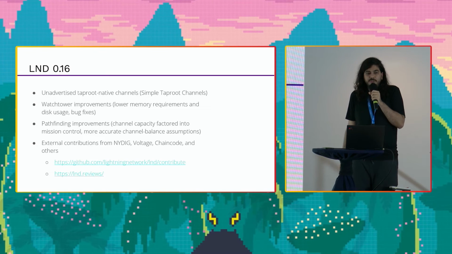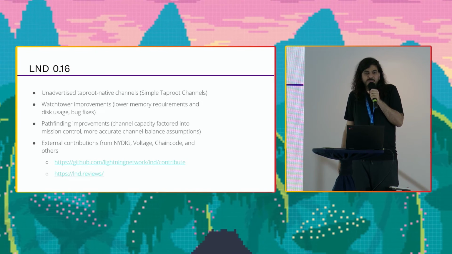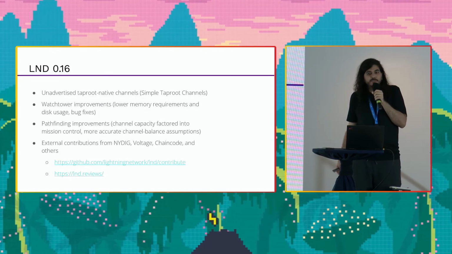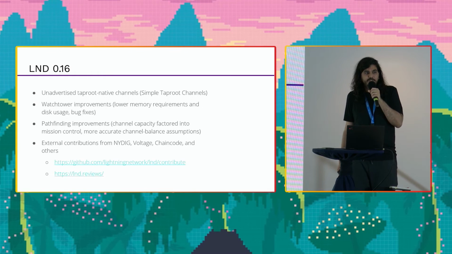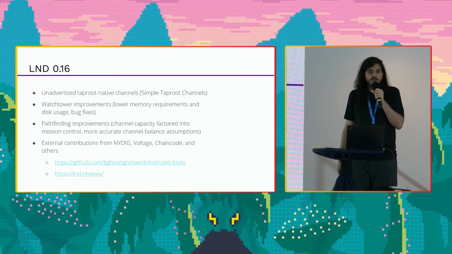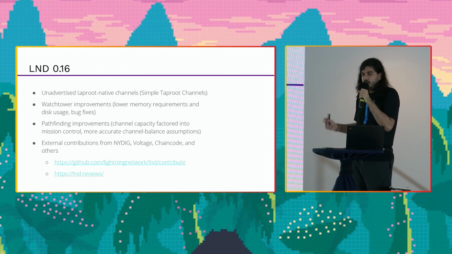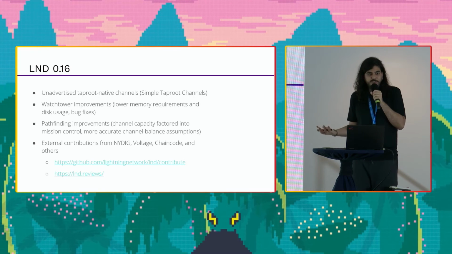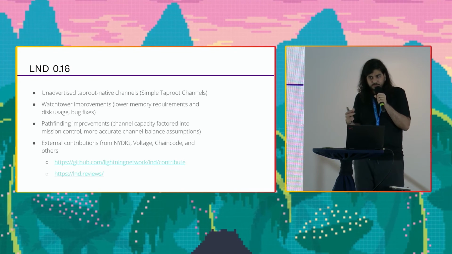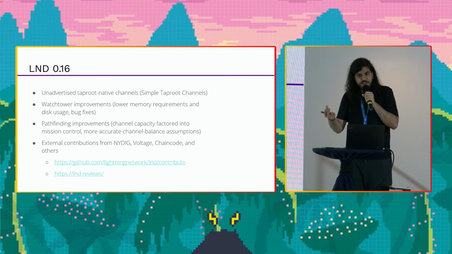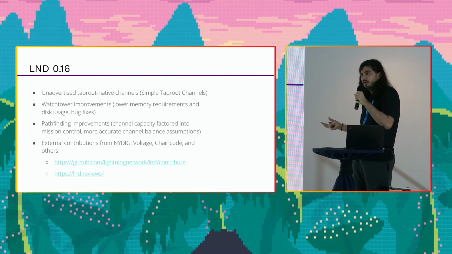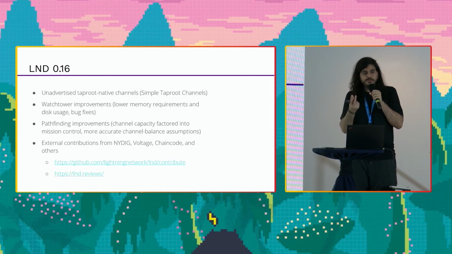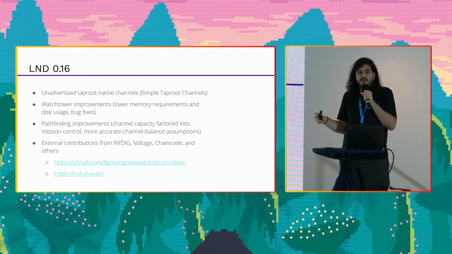Also, one thing that I've been doing that I think has been successful and people are liking it, is LND Review Club, which is based on what people from Bitcoin Core were doing. It's a written meeting where we have some LND contributor hosting a session, where they have notes and questions that will give context on all the different LND pull requests and will help new contributors go through the review process.